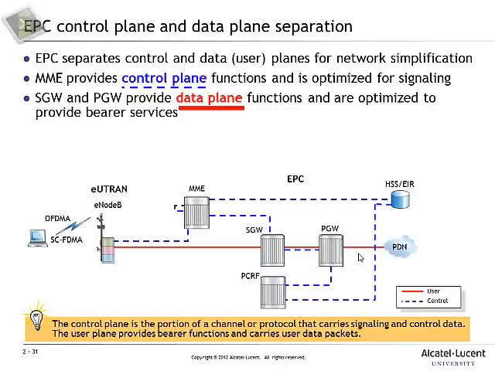There are a few control messages that will also go between the PCRF and the packet gateways. The PCRF is where all aspects of quality of service are kept, and these policies are used to enforce the quality of service aspects in the EPC network.